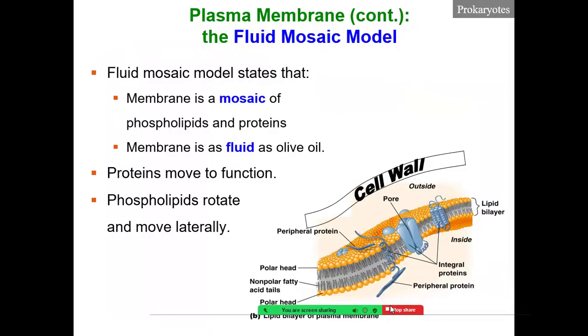But my point is, if this protein is anchored to the intracellular matrix, then this protein is not free to move about in the membrane. And the same with this protein. If it is anchored to the extracellular matrix, it is not free to move about in the membrane.